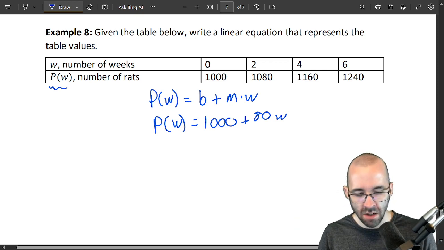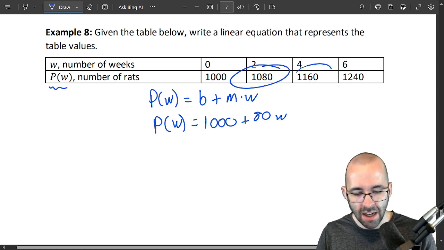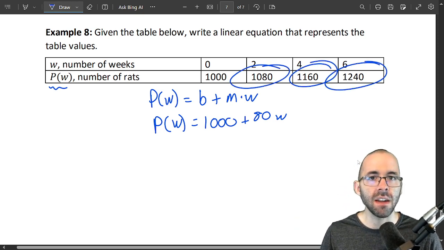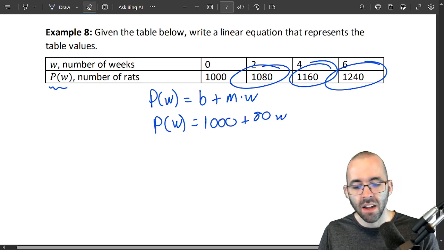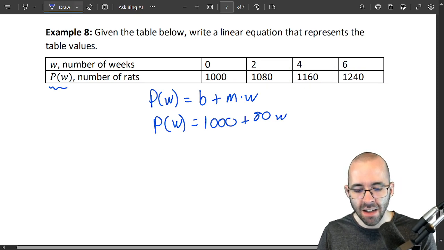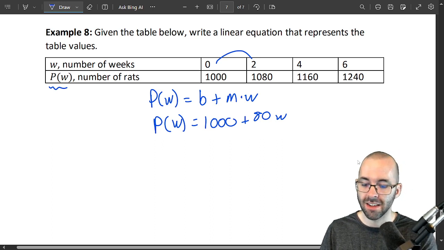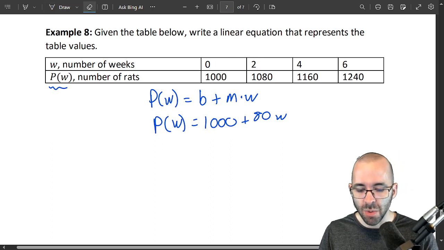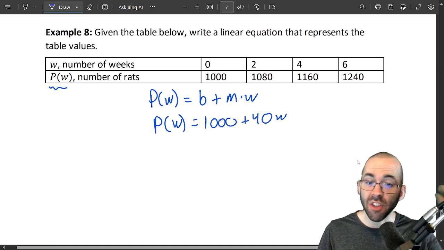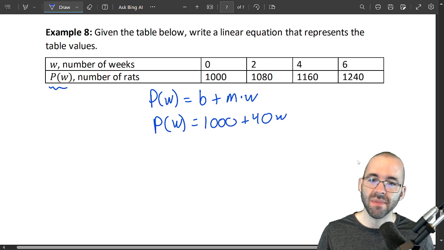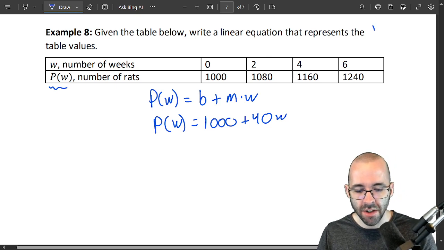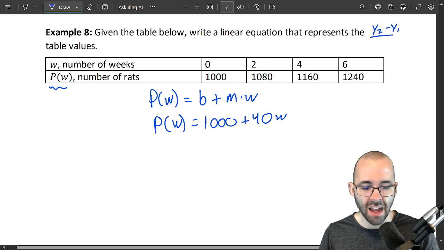I could just say, oh, look, we're adding 80 and then adding another 80 and then adding another 80. But the problem is we're adding an 80 every 2 weeks. So if we're adding 80 every 2 weeks, that means we must be adding 40 every week if the rate of change is constant. And you could use the same formula to find m.